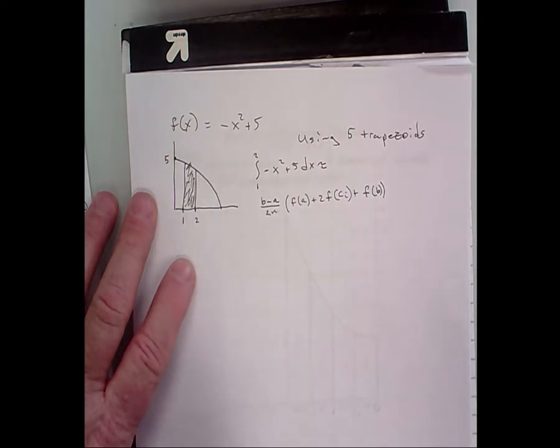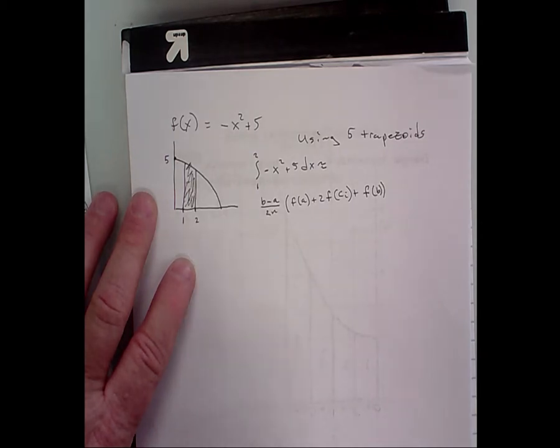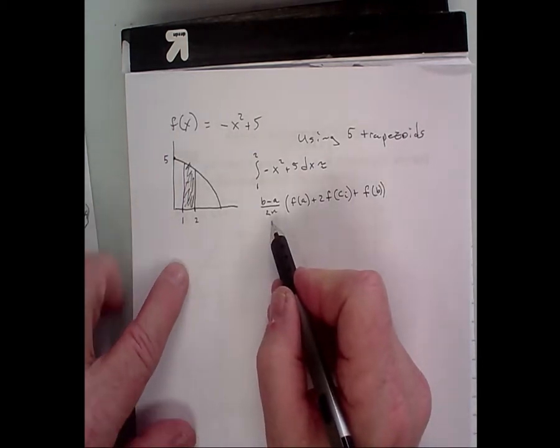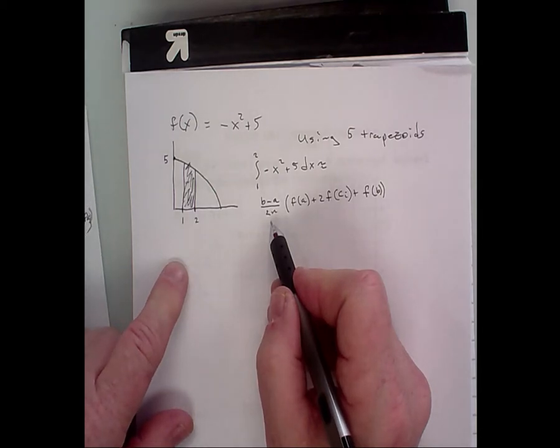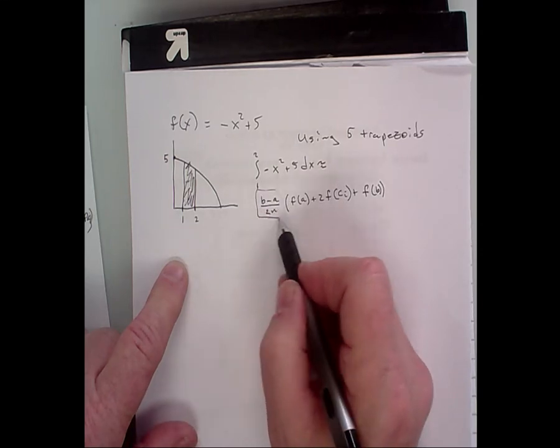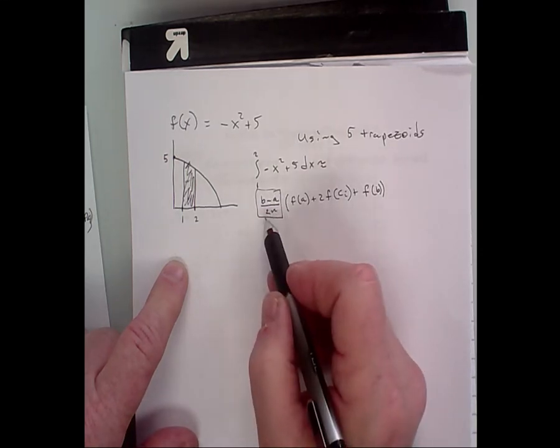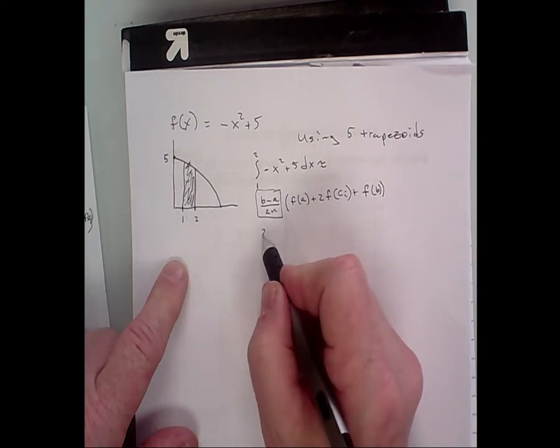I'm going to wait till Allie gets caught up. Are you ready? Yeah. What's the number that goes here? 1. Oh, 5. Well, there's a number right here, right? Yeah. Okay. What's B? 2. What's A? 1.